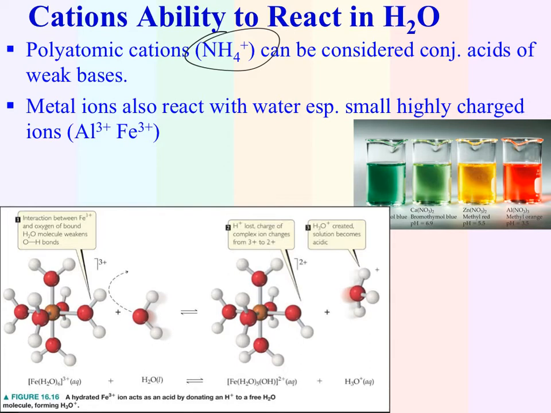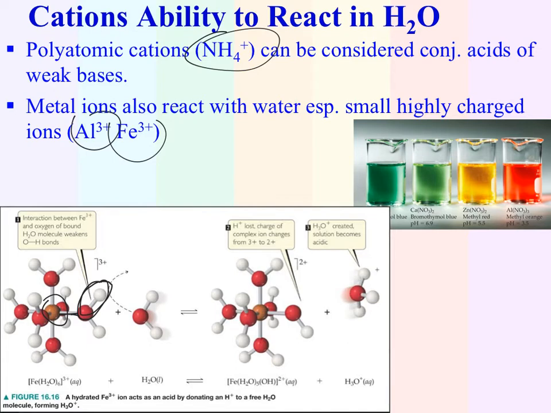Metal ions can also interact with water and affect the pH. We can see that here with Al3+ or Fe3+. Basically, what happens is that they attach a bunch of water molecules onto that central atom. By bonding to this metal ion, the ionizability of the hydrogen attached to this oxygen becomes altered.